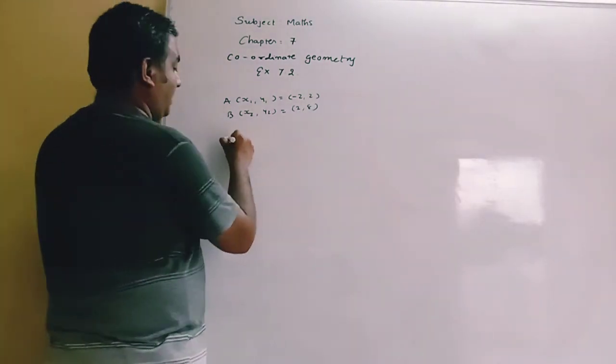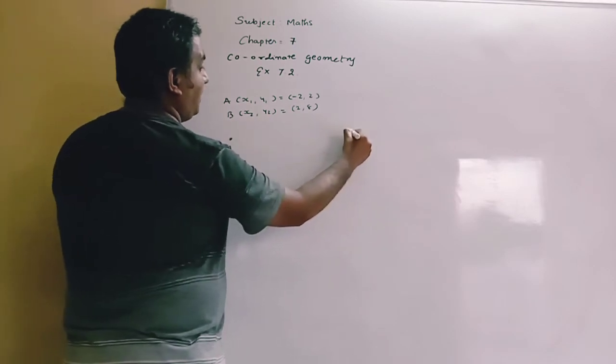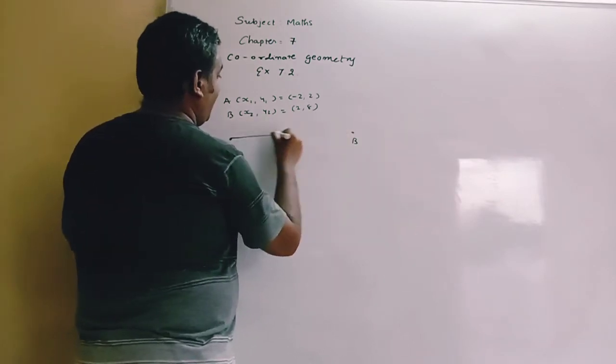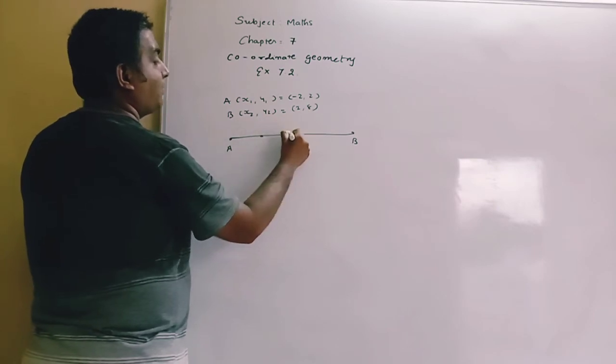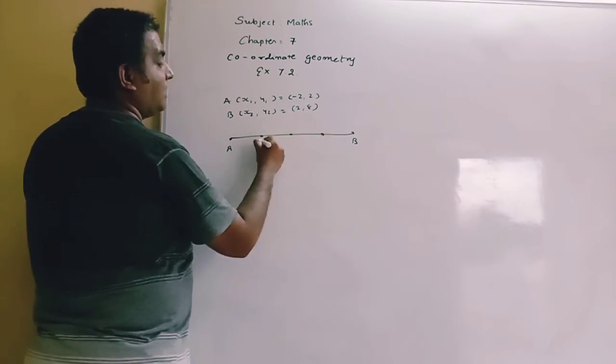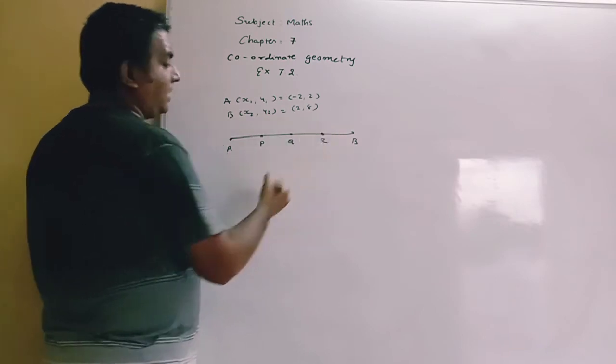So point A is there and point B is there, and we divide AB in 4 equal parts. So in between we get 3 points P, Q and R.